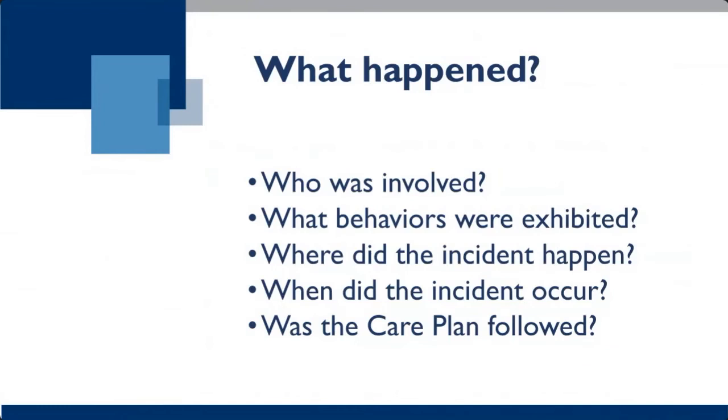And then the other thing on the behaviors: if we start looking at this, they were waiting for lunch and Julie didn't have lunch ready, and they normally eat lunch at this exact same time pretty much every day. So I'm going to jump down to the bottom one here quick where it says, was the care plan followed?